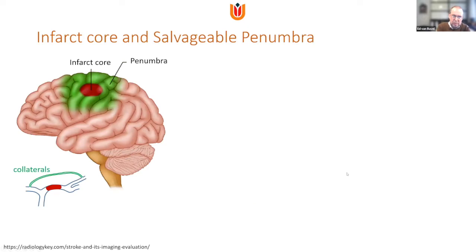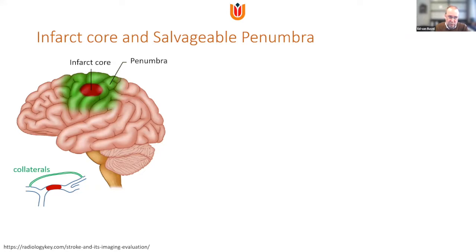This is actually a model of what happens to the infarct over time. And we use the concept of a core that's irreversibly damaged brain surrounded by a penumbra that's still at risk. So it has underperfusion, but it might be salvageable over time if you do the right thing.